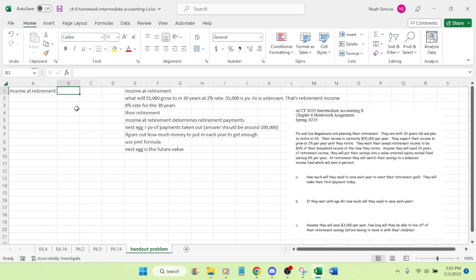So the present value is 55,000. Number of periods is 30. Rate is 2%. They added like an extra thing to it. That was funny.